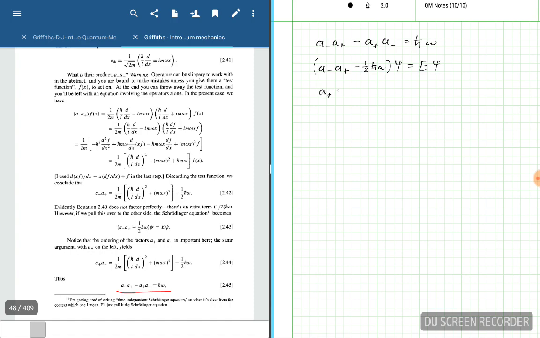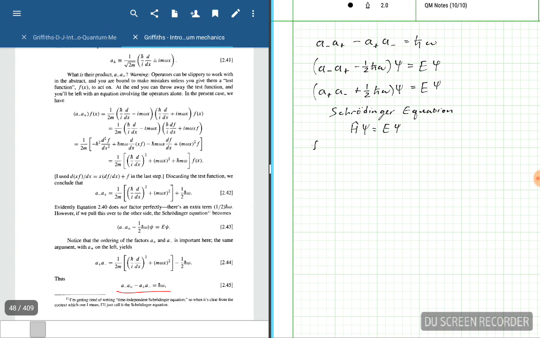And conversely, we have a plus a minus plus 1/2 h bar omega, acting on psi equals the energy times psi. So our Schrodinger equation is the Hamiltonian operator acting on psi equals the energy times psi.